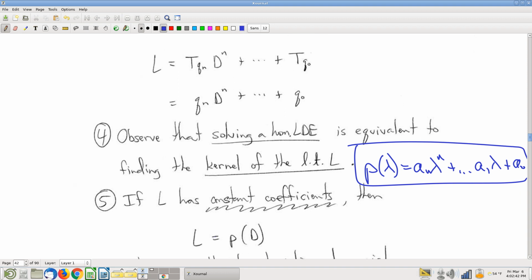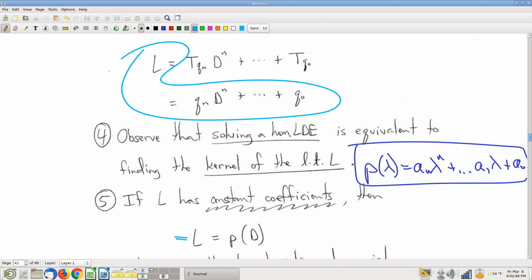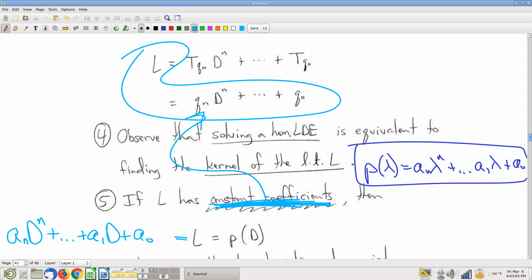First, let me write down what L is. Keep in mind, we wrote that down up here. We're now doing constant coefficient though, so these coefficients are now A's. And so we have a(n) d to the n, etc., a1d plus a0. That's what L is.